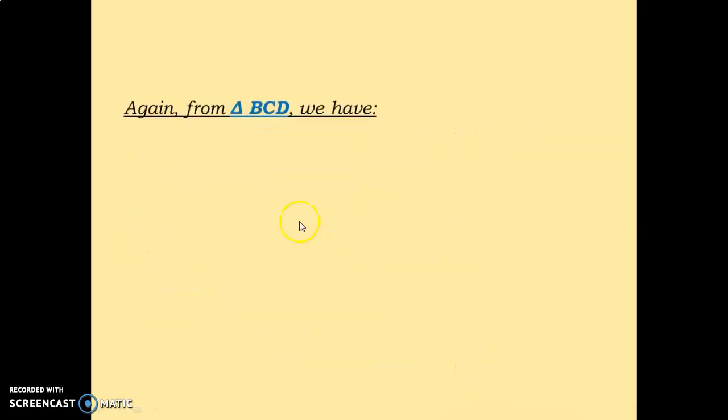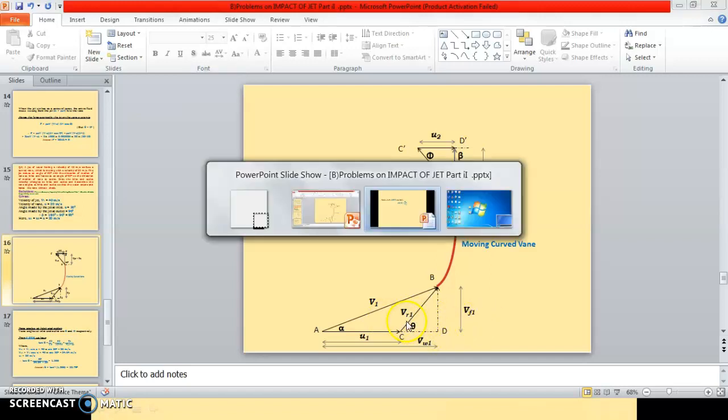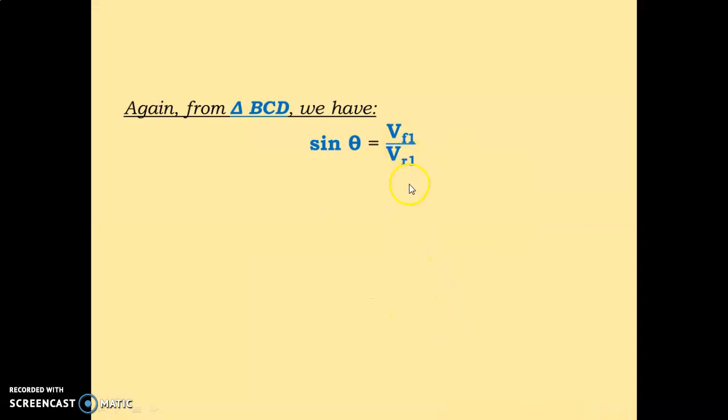Next, again from triangle BCD we have sin theta is equal to VF1 upon VR1. Sin theta will be opposite upon hypotenuse. Opposite is VF1 and hypotenuse is VR1. So we take VR1 here and sin theta at the denominator side.